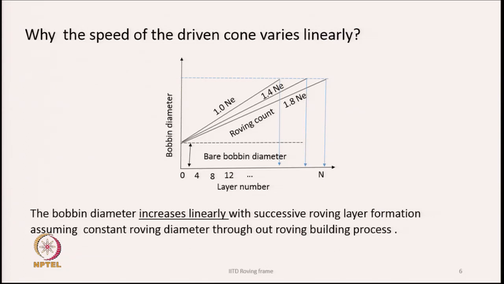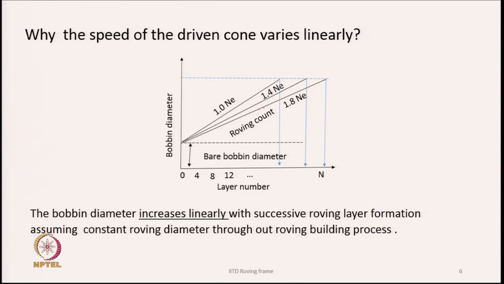So, in this diagram, on the x axis we have layer number, and on the y axis we have bobbin diameter. What we see here is that as we keep laying the layers, the diameter increases in a linear manner.